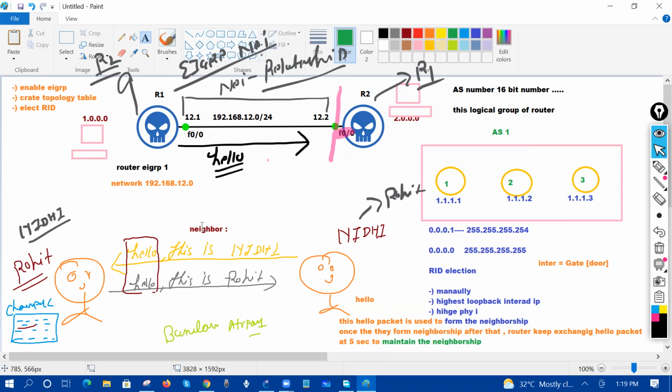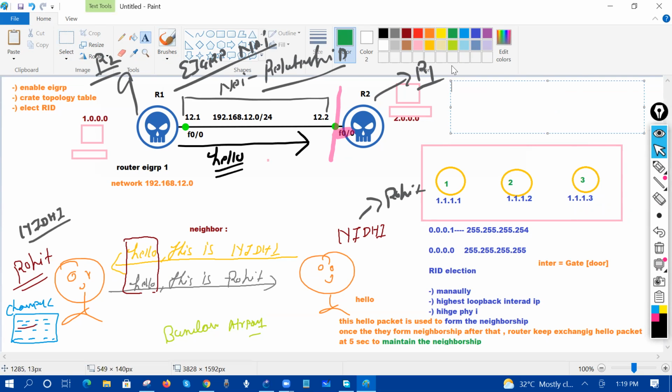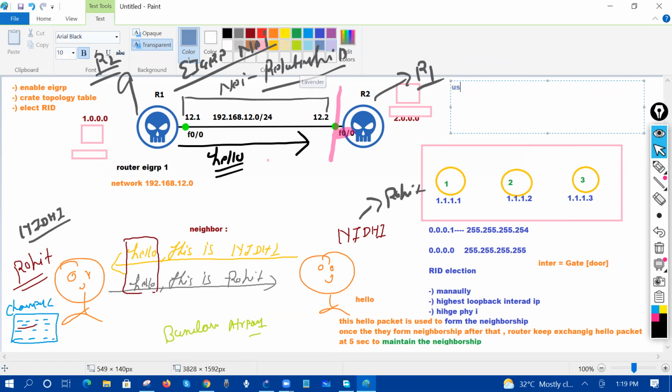5 seconds. So what is the use of this network statement? The first use: it enables the interface into EIGRP, or we can say the protocol, whatever protocol we have, either EIGRP or others. Second, it joins the multicast group.